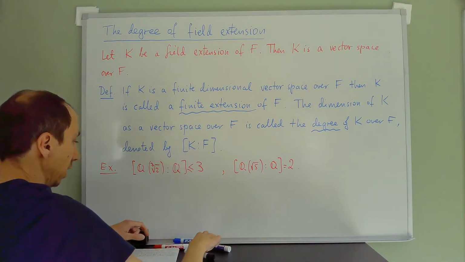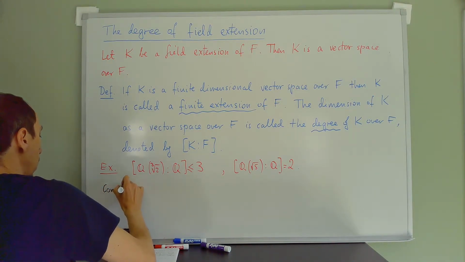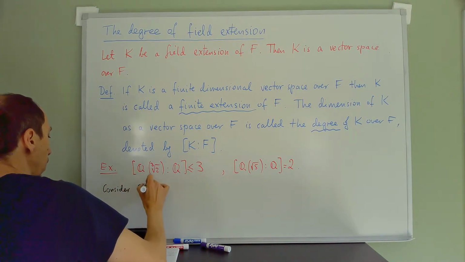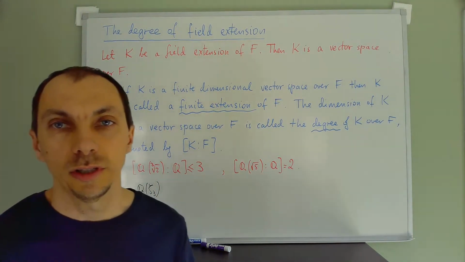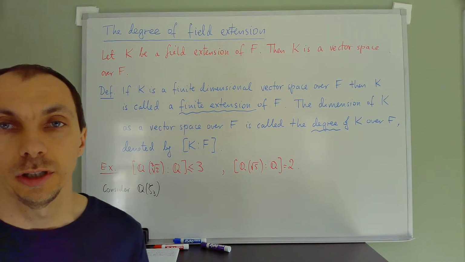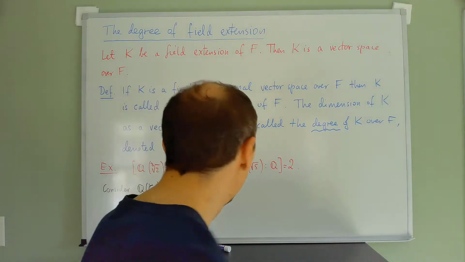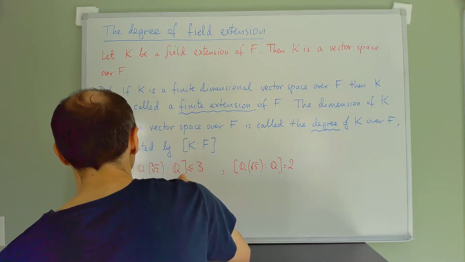Let me give you another example. So consider this. Q adjoin zeta 3. This is a field where we adjoin the cube root of unity, so cosine 2 pi over 3 plus i sine 2 pi over 3.